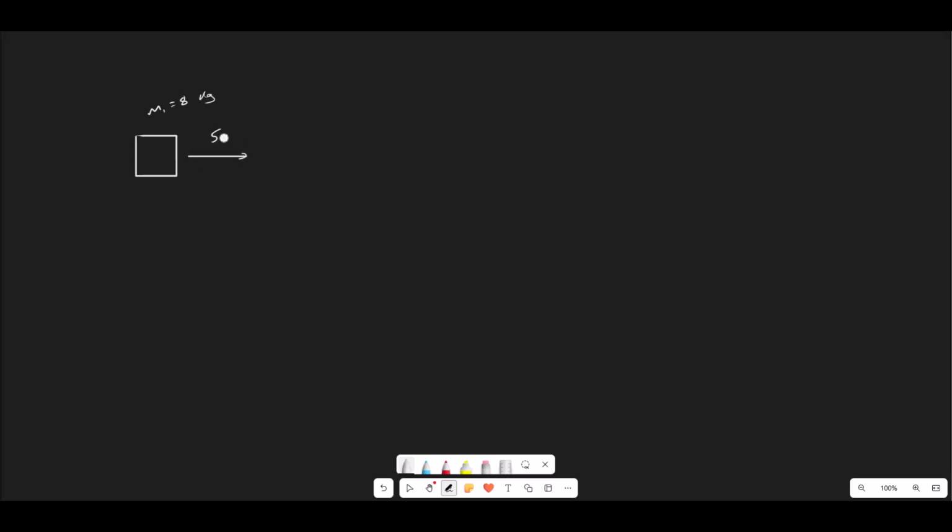Here's my 5 meters per second. 2 kilograms, 5 meters per second to the left. We're still calling to the right positive. We still know that our initial momentum, we haven't changed any of these things, so that's still going to be 30 kilogram meters per second. We still know that our initial kinetic energy is 125 joules.